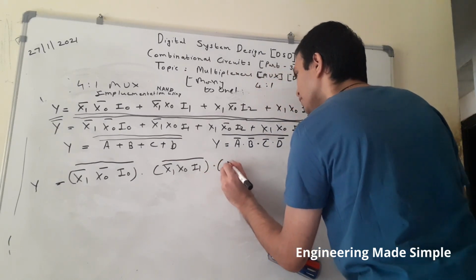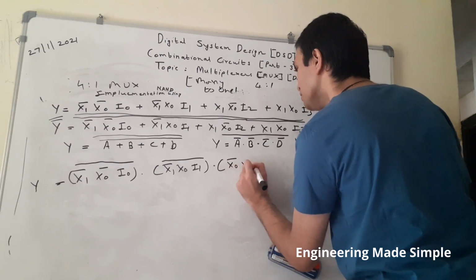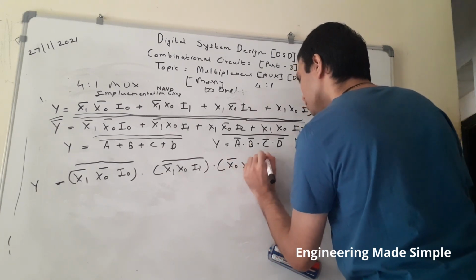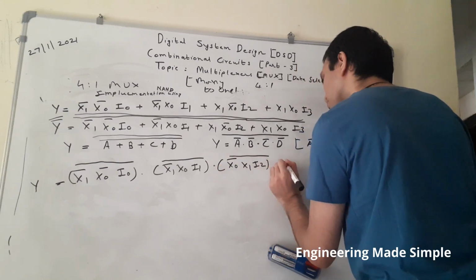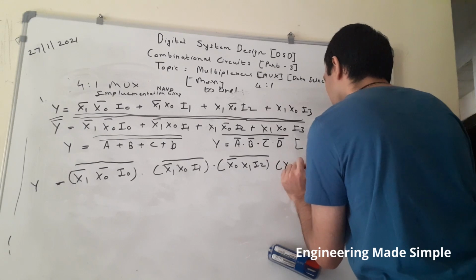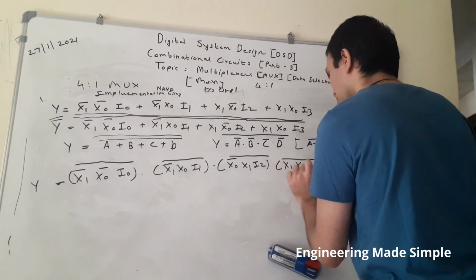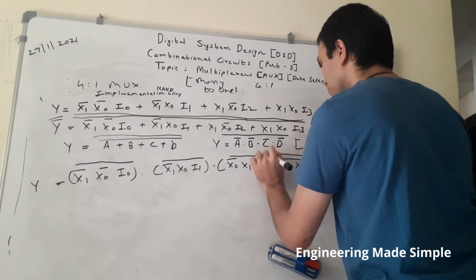Then x naught bar, x1, I2, the whole complement, third term. x1, x naught, I3, the whole complement. This is your fourth term, and the complement at the top will remain as it is.